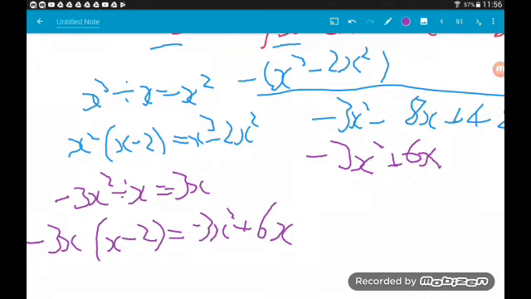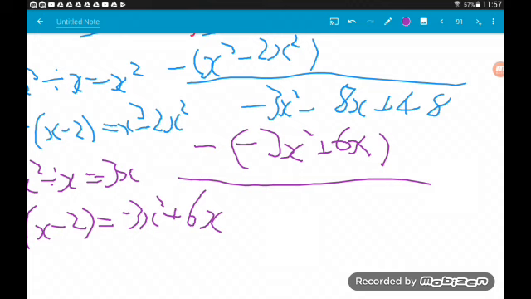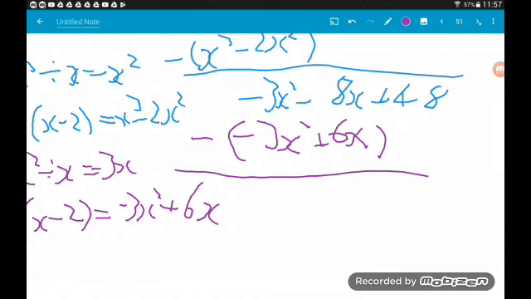Like that. So we now subtract the purple from the blue. So minus 3x squared minus 3x squared cancels out. Minus 8x minus 6x gives us minus 14x.